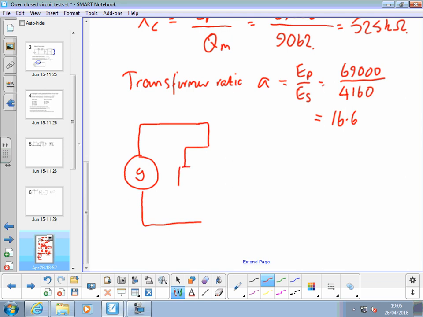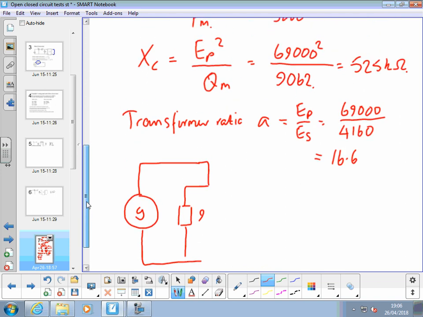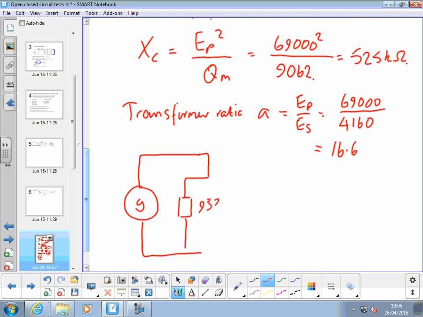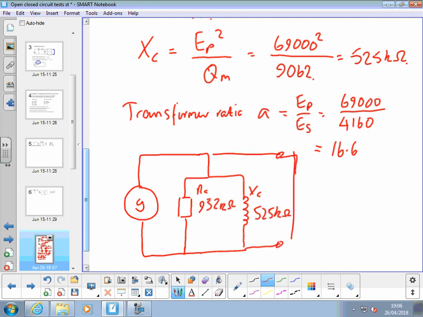It's got a 952K resistor, RC, and an XC of 525K, going into our ideal transformer, but at this point is open circuit.